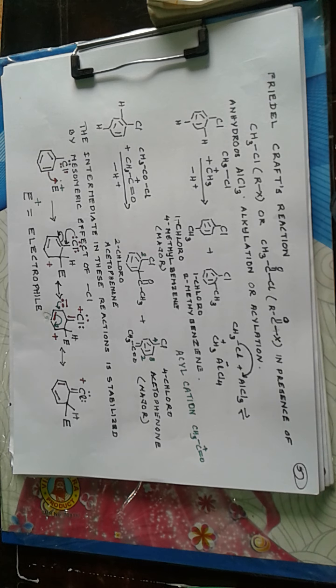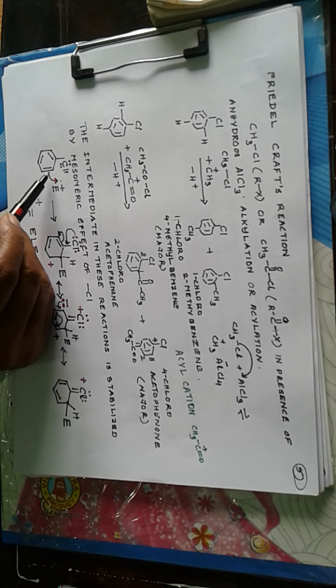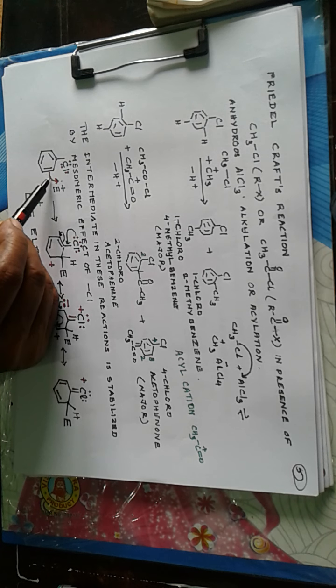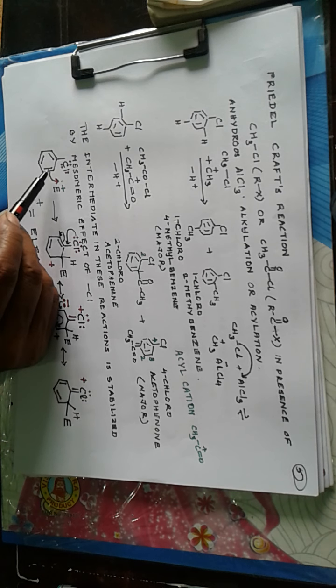Now the mechanism of electrophilic substitution reaction may be understood by this sequence. Now this pi bond will be shifting in between this electrophile and this carbon. So this pi bond will be rotating like this.